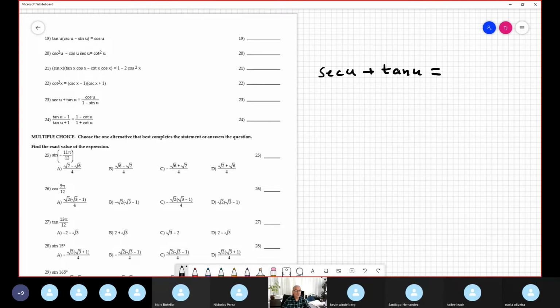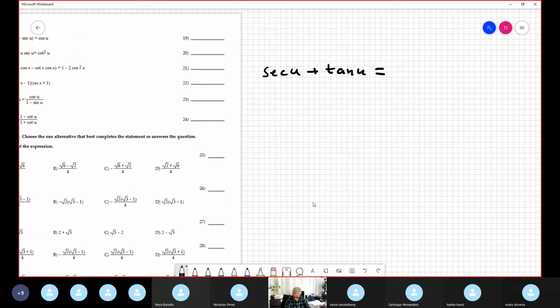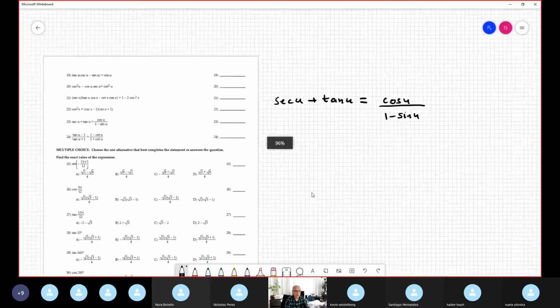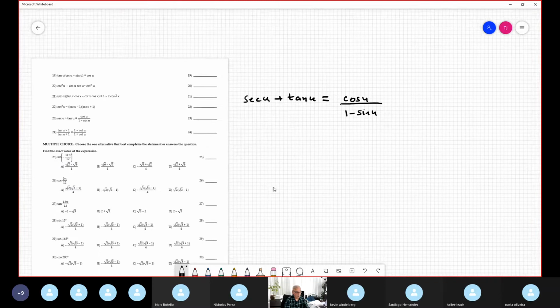I need to prove that it is always equal, 100%, to cosine u divided by 1 minus sine u. This is a little bit more complicated. But I want to explain the fantastic way for doing that.